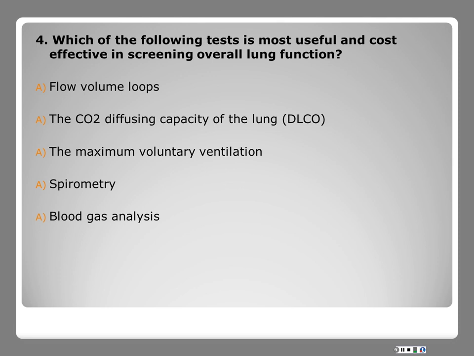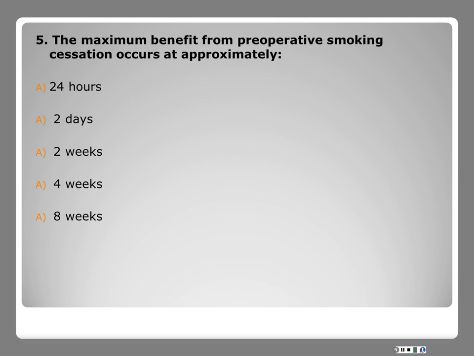Which of the following tests is most useful and cost-effective in screening overall lung function? It's probably overall spirometry, right? The cost-effectiveness especially. The others are more expensive and more difficult to do.